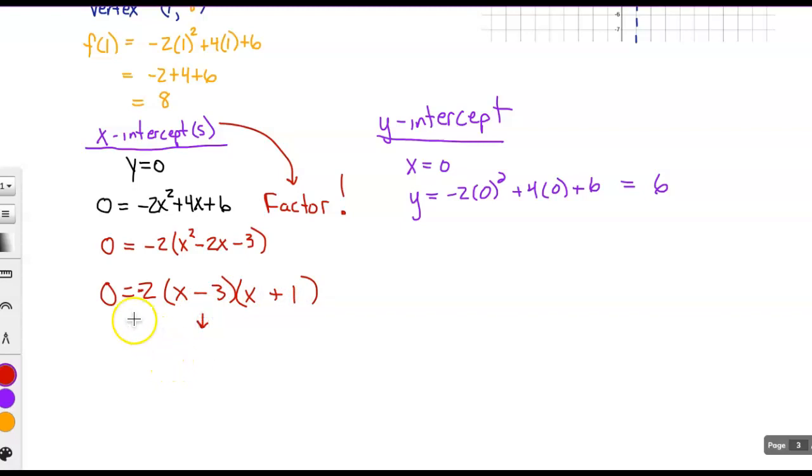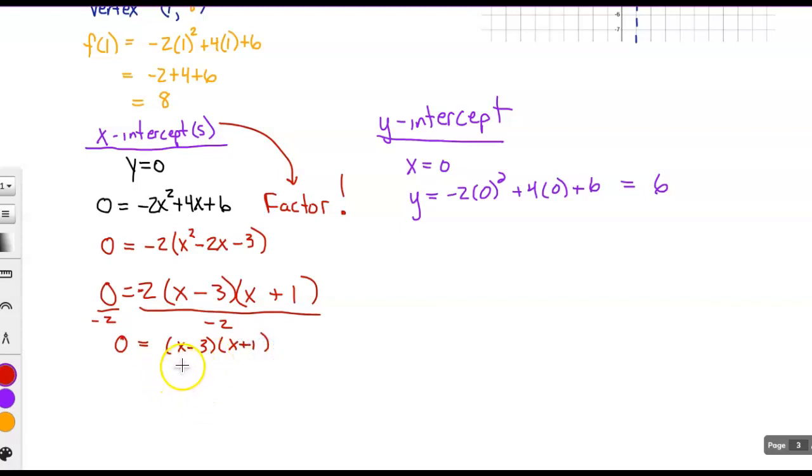And so that means, and like this negative 2, I don't want to confuse you, you would divide both sides by negative 2 to get rid of this, and that doesn't change anything. You still get 0 equals x minus 3 times x plus 1.